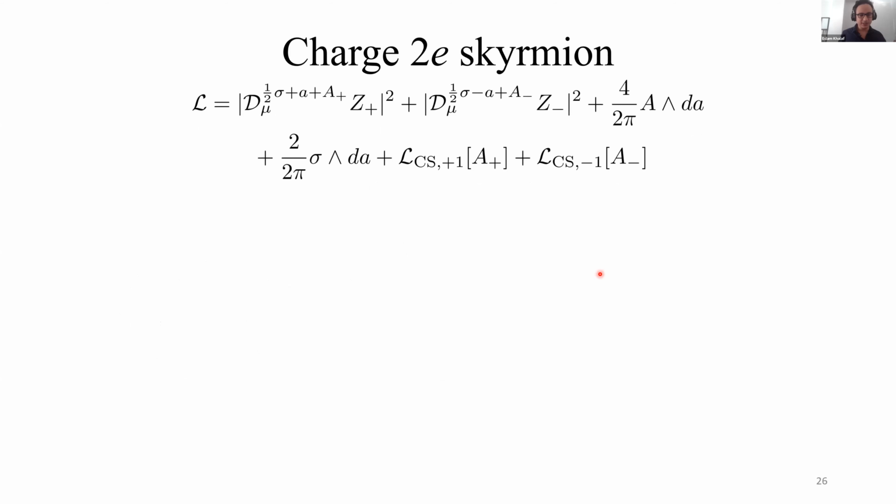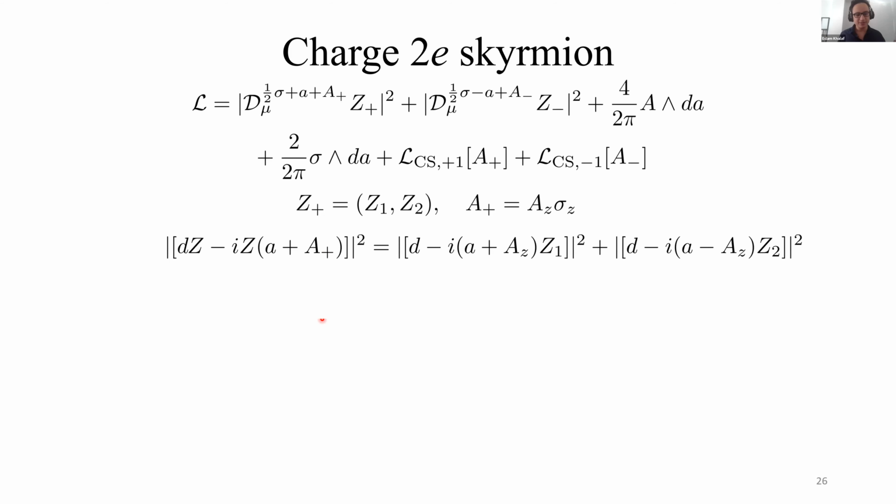But one way to see it is the following. We first split this Z plus, for example, into 2 4-component column vectors, Z1 and Z2, and consider the abelian limit of this A field, so just proportional to sigma Z. And when we do this, this kinetic term looks like this. So A plus AZ couples to Z1 and A minus AZ couples to Z2.